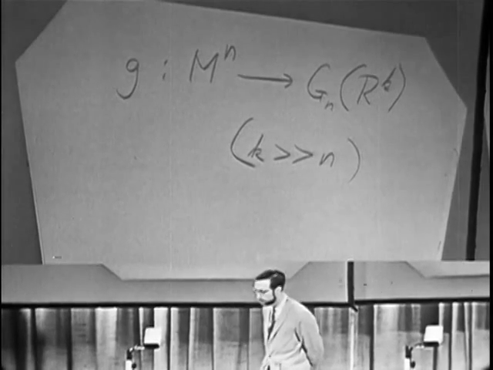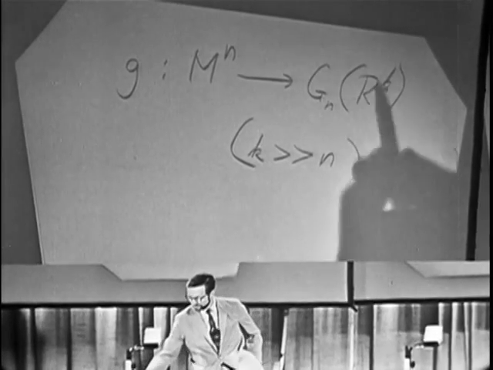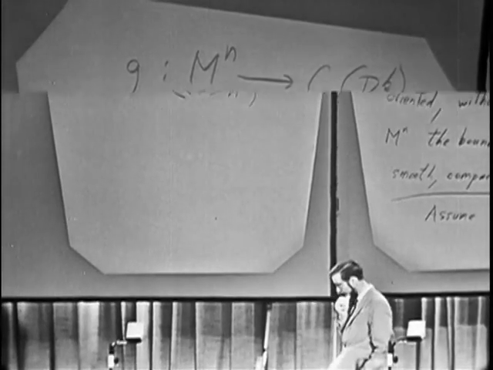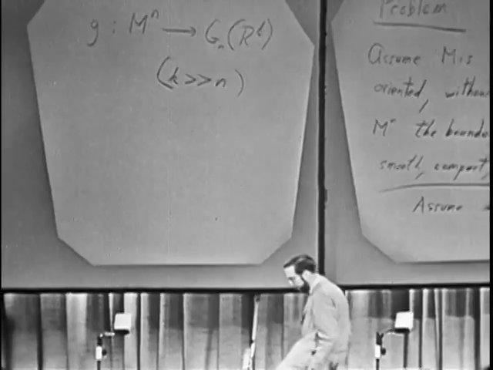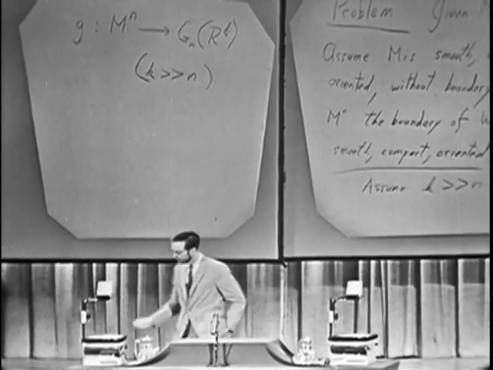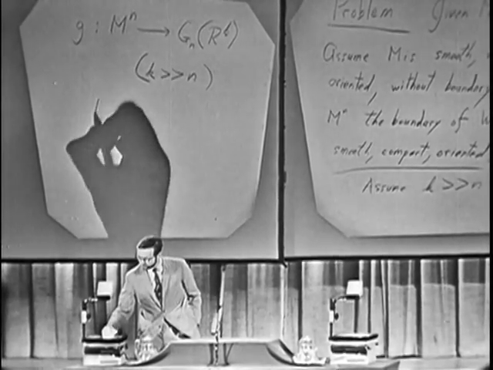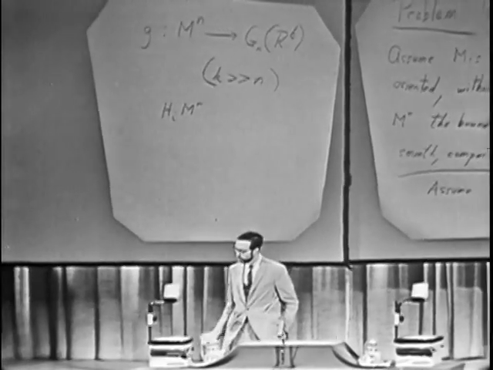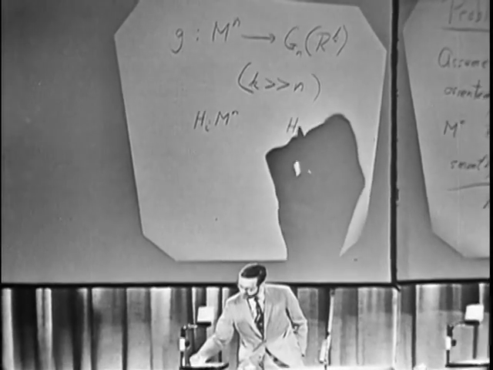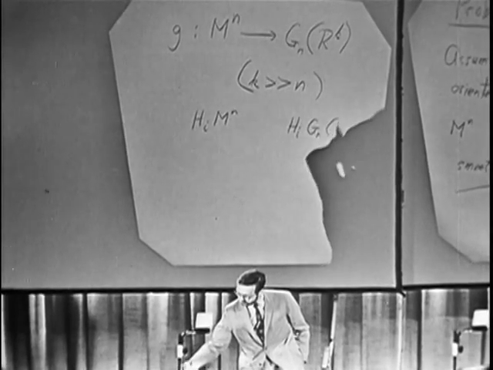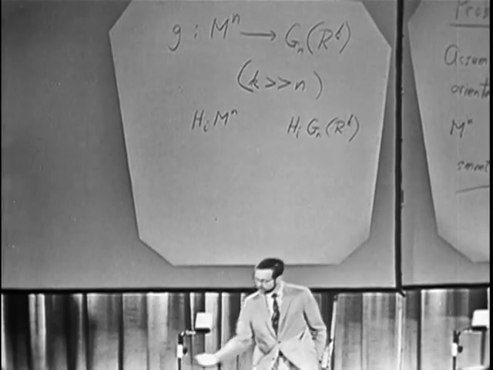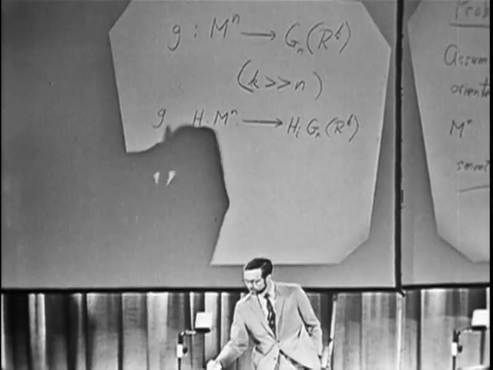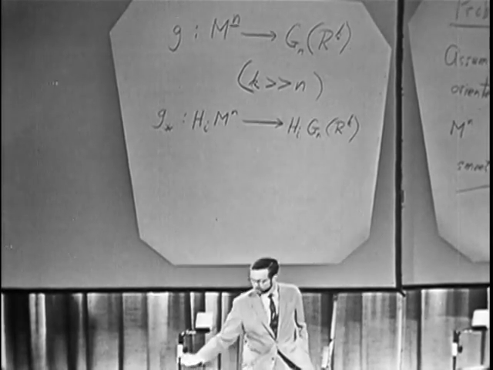It would take too long to explain what I mean by it. The idea now is to look at homology theory. Remember that we have homology groups associated with M^n. We have homology groups associated with G_n(R^k). And we have a natural transformation induced by G called G star, which maps this additive group into this additive group.